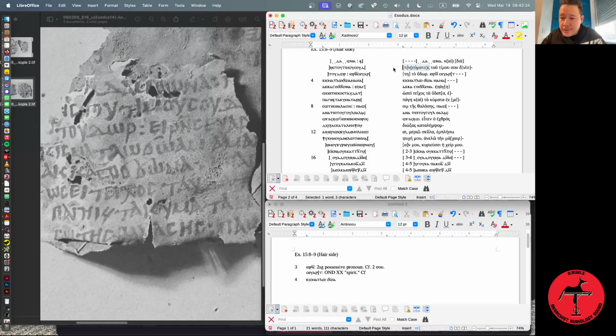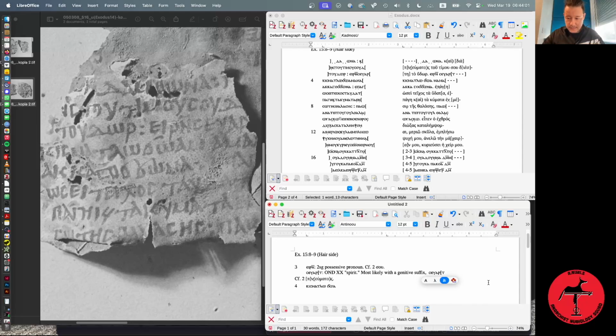Which is also mentioned here in line 2. Most likely with a genitive suffix. So this would be something like Sawartin. What's this?